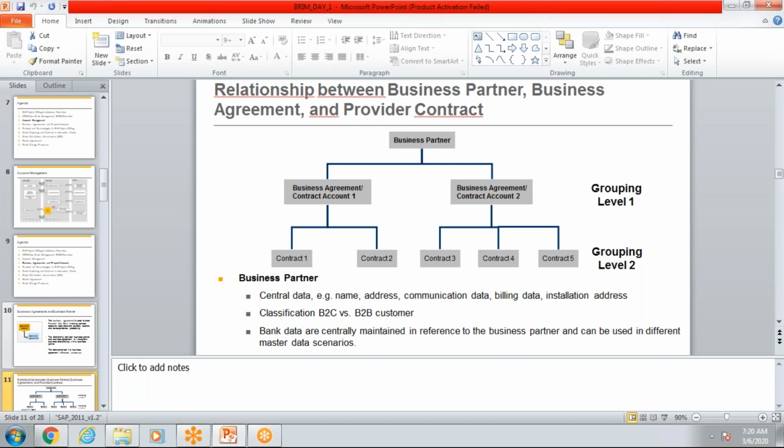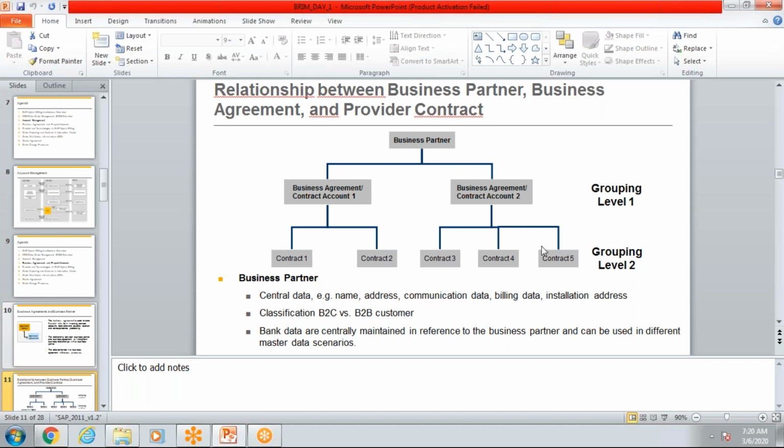I want to pay my mobile bill through ICICI and internet bill through Axis Bank account. So I can have 2 business agreements, right? That means 2 bank details, because I want to pay the mobile bill differently and the internet bill differently. I'm only one customer and the service provider is IDEA. So one business partner can have 2 business agreements.